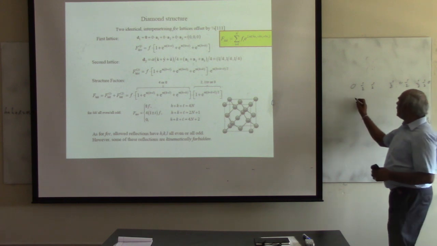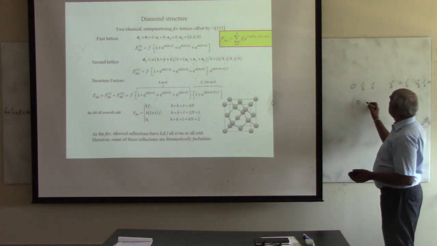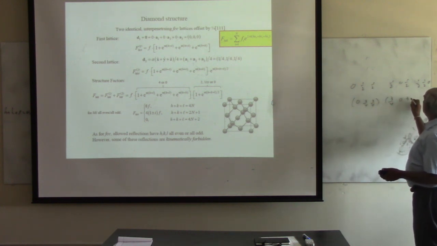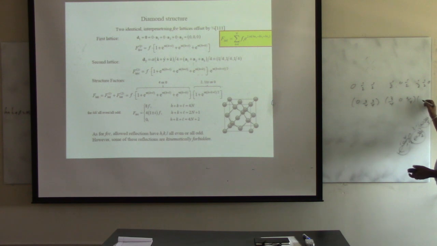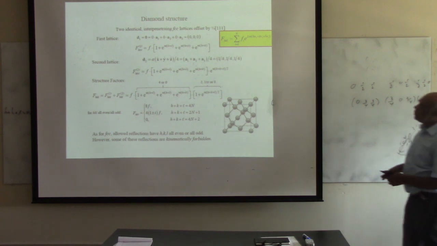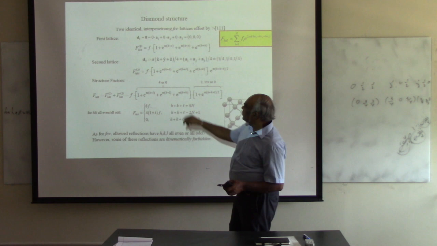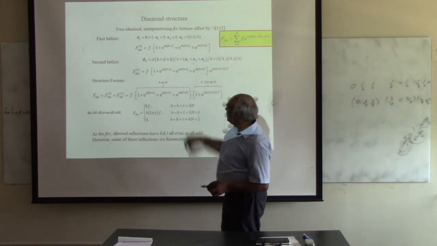So that means you can have maybe 1/4, 1/4, 1/4, then you can have 3/4, 3/4, 1/4, or you can have 3/4, 1/4, 3/4. Like that you get the same answer. So if you do that one, you get this equation. So you can write this way.